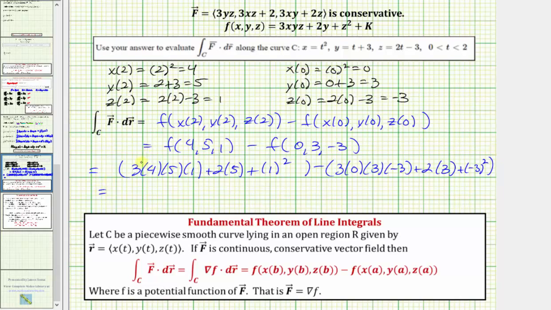So simplifying, we get 60 plus 10 plus 1 minus 6 plus 9, which equals 71 minus 15, which equals 56. So this is the value of the line integral using the fundamental theorem of line integrals.